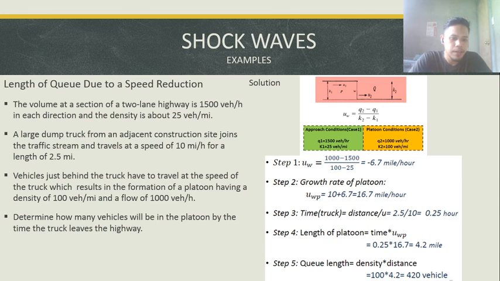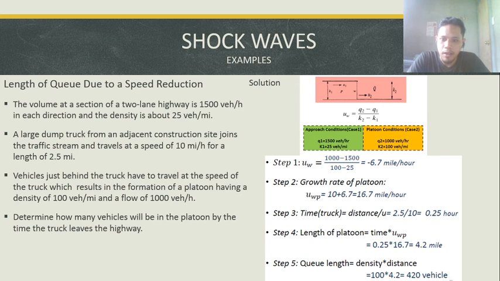Vehicles just behind the truck have to travel at the speed of the truck, which results in the formation of a platoon having a density of 100 vehicles per mile and a flow of 1,000 vehicles per hour. The question is, determine how many vehicles will be in the platoon by the time the truck leaves the highway. The solution uses the general equation for the speed of the shock wave.